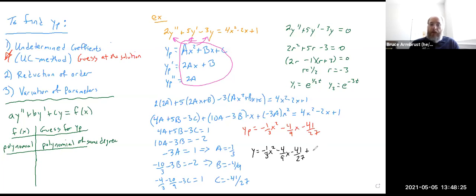And we need to put those in as well, but they get our coefficients. So we're going to have C1 e to the 1/2 t plus C2 e to the -3t. And so that we'll put a box around, because that now holds every solution to this differential equation.